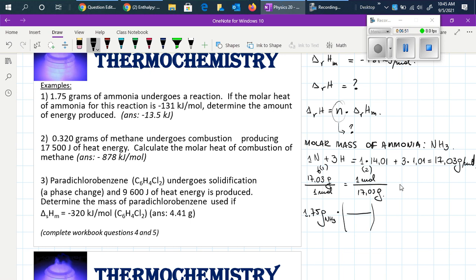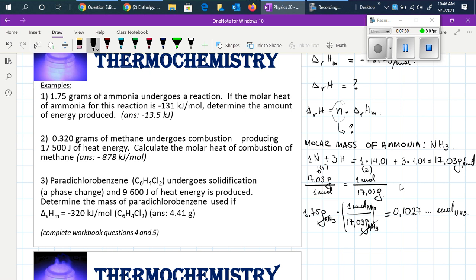Because grams on the given are in the numerator, so in order to cancel them, we need them to be in the denominator: 17.03 grams of ammonia in 1 mole of ammonia. So grams of ammonia and grams of ammonia cancel out, and then in your calculator, 1.75 divided by 17.03 will be 0.1027 and so on, 59 moles of ammonia.